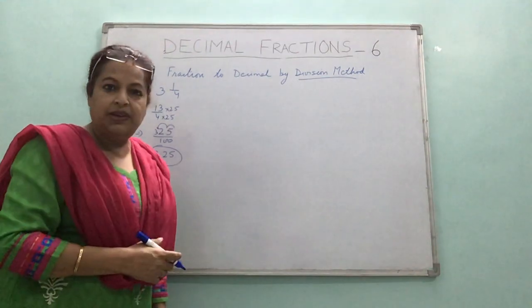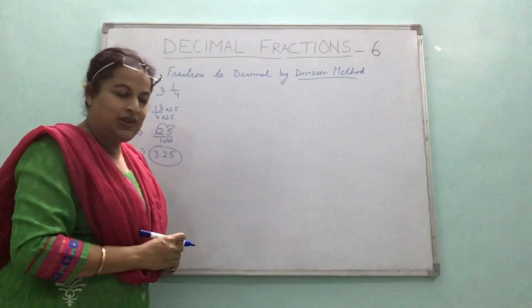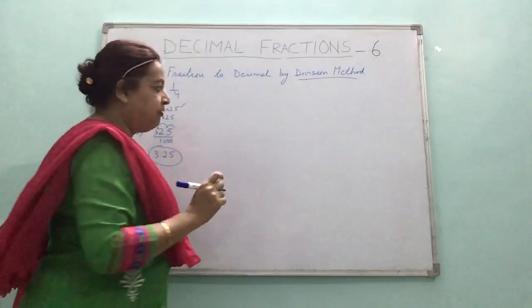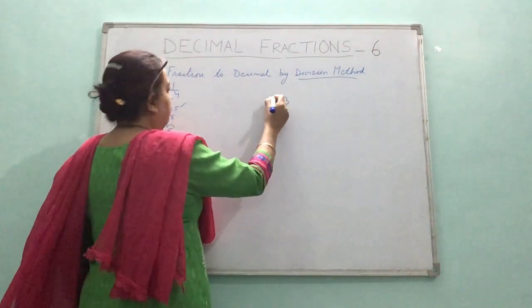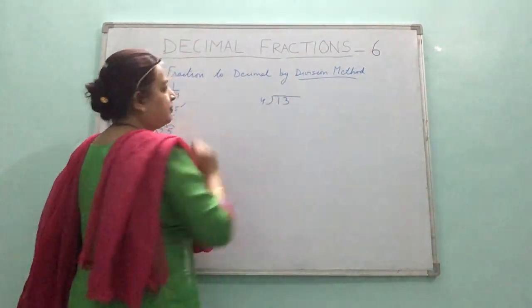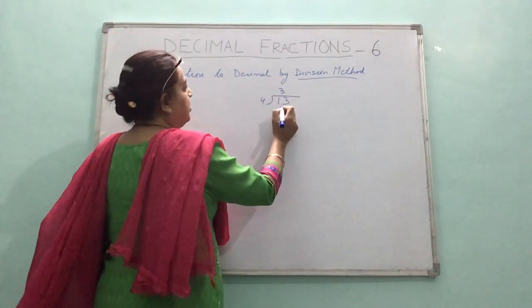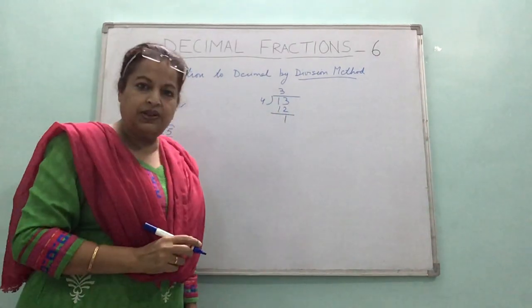Now how would this be done by division method? That is what I am going to teach. So first and foremost, again we convert it to improper fraction. So the dividend is 13 and the divisor is 4. Alright? So 4 3 times is 12. We get a remainder which is not a 0.